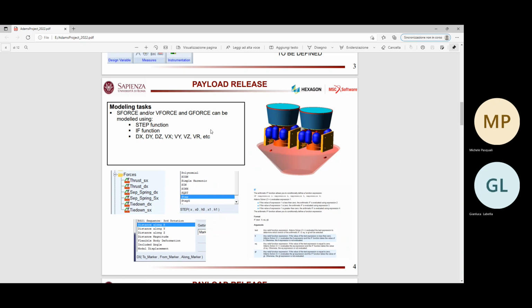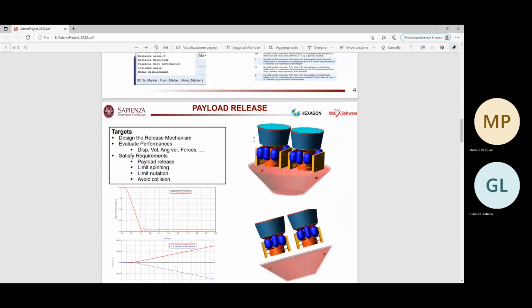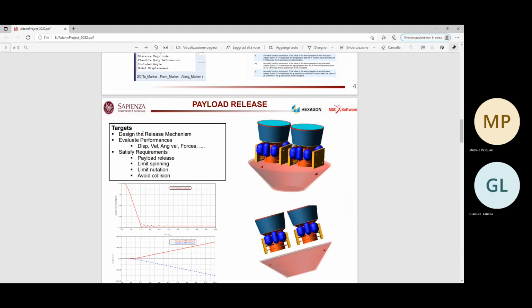We have seen more than one of these possibilities. And the target is, again, to design the release mechanism and evaluate the performances: the displacement, the velocity, the angular velocity, the forces which act on the model, satisfying the requirements on the pilot release, the limit spinning, nutation, avoiding collision.